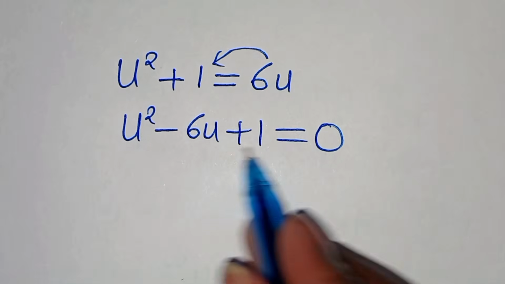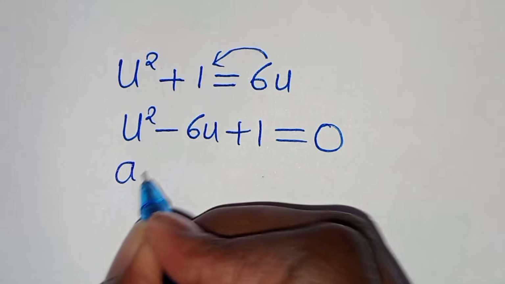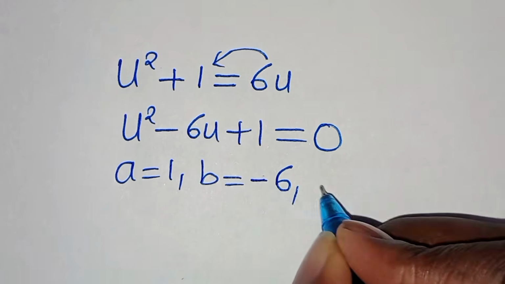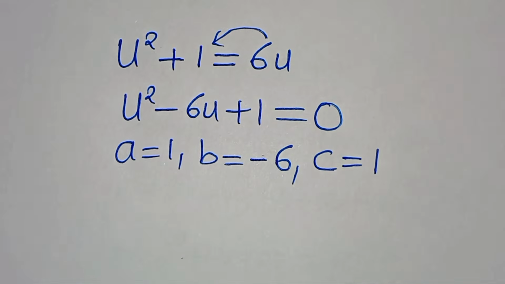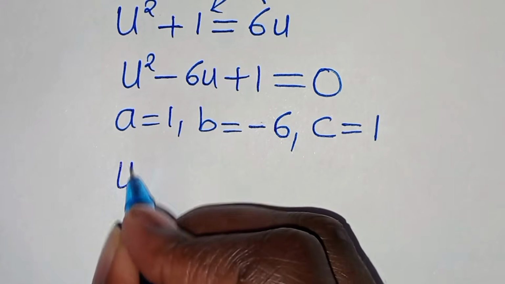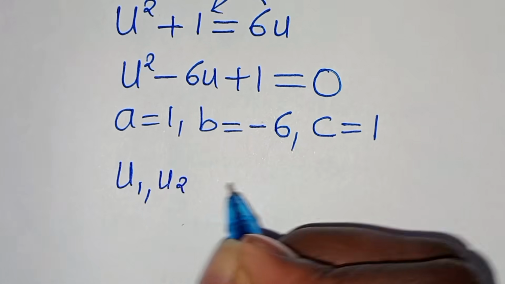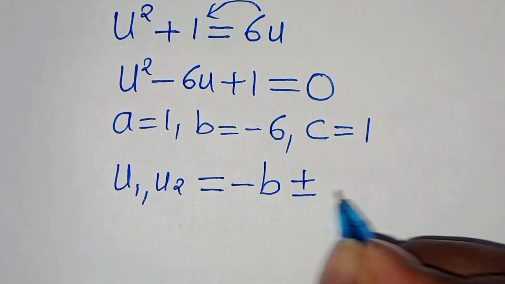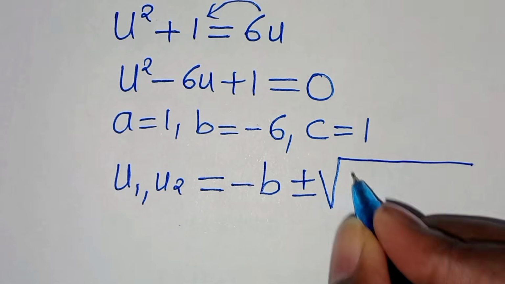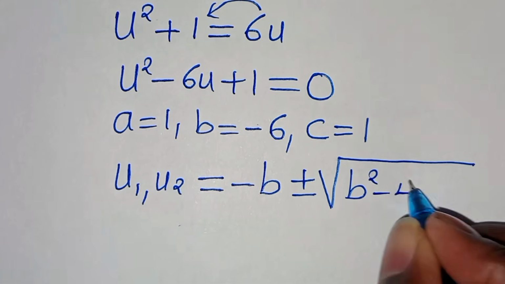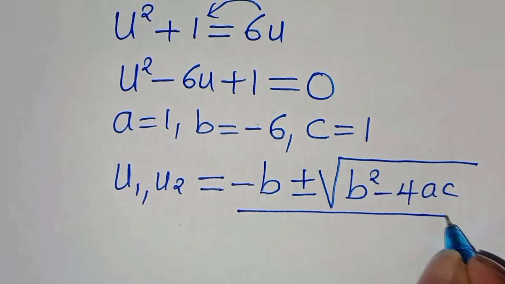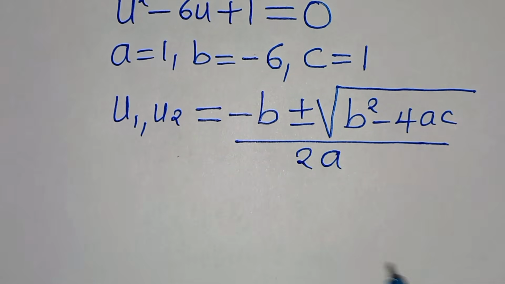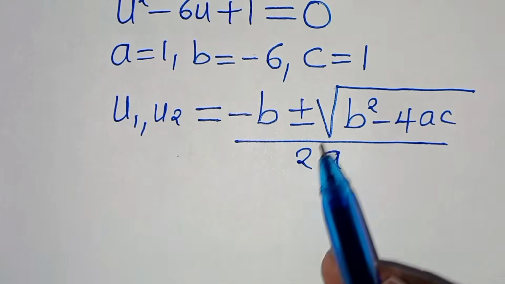So this is a quadratic equation here, where a is equal to 1, b is equal to −6, and c is equal to 1. We can solve for u1, u2 by applying the quadratic formula, which is −b ± √(b² − 4ac), everything divided by 2a. Now the next step is to substitute the values of a, b, and c into this formula.